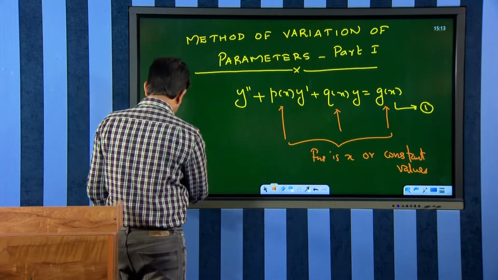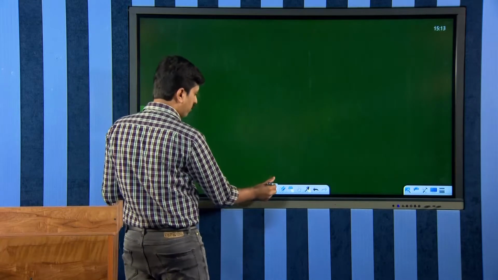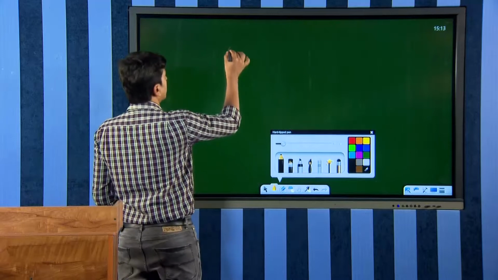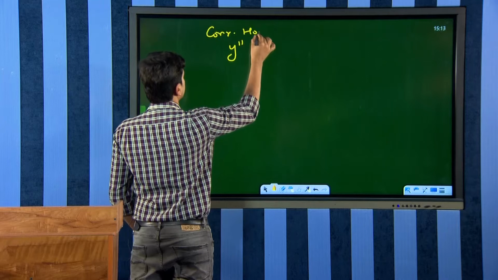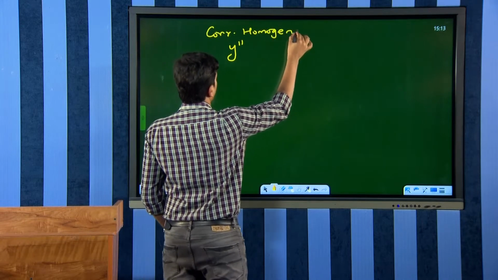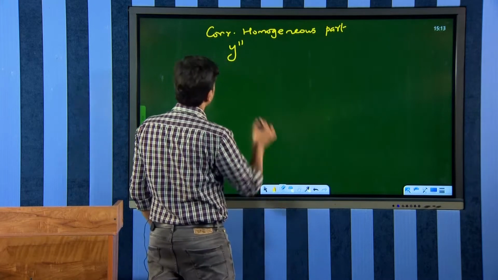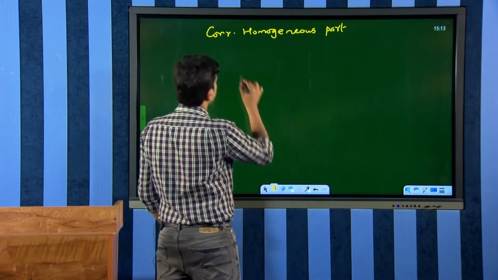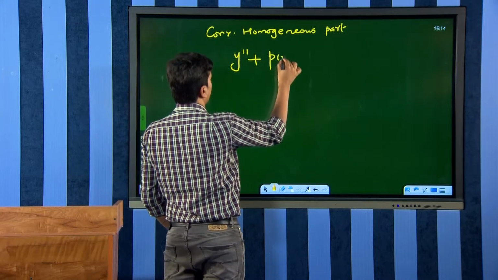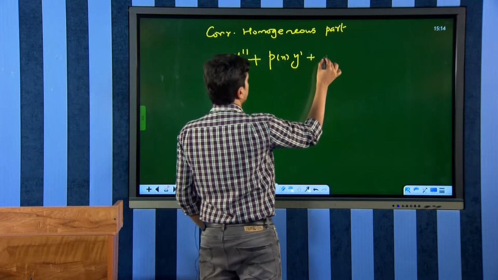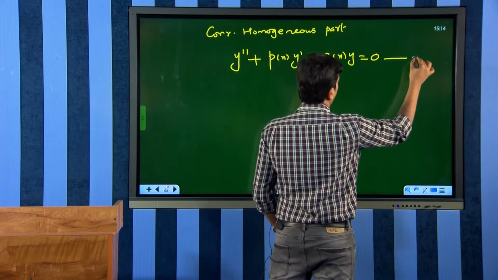Dear students, suppose we have the corresponding homogeneous part: y'' + p(x) y' + q(x) y = 0.